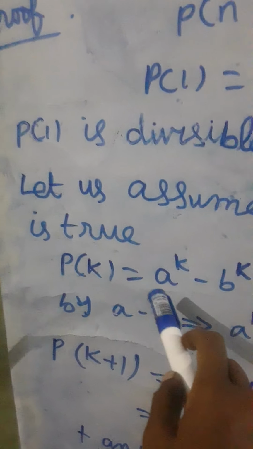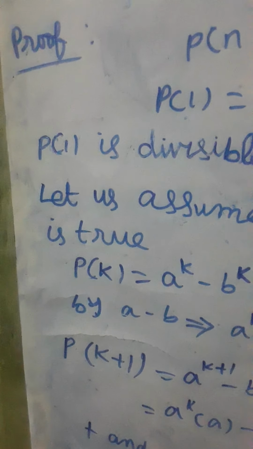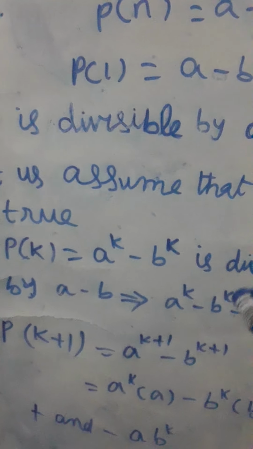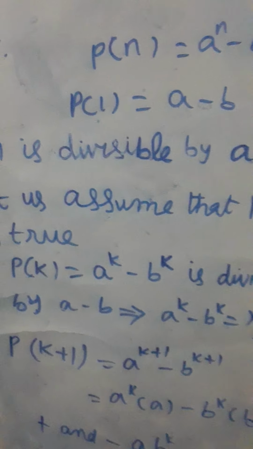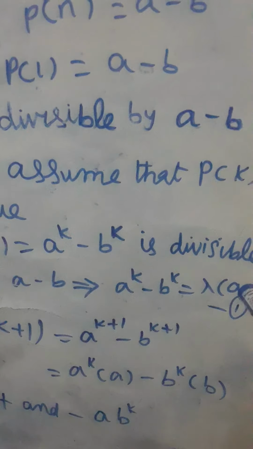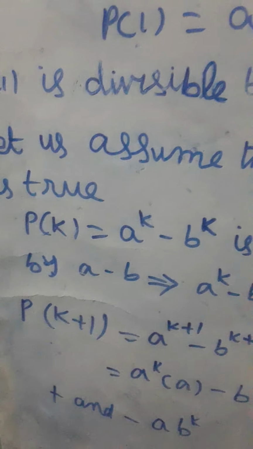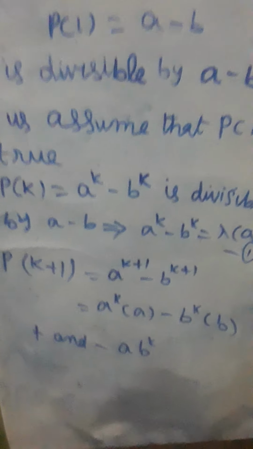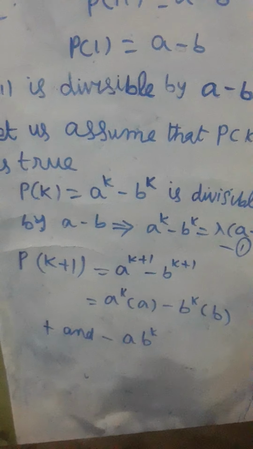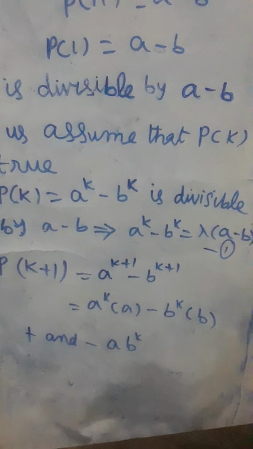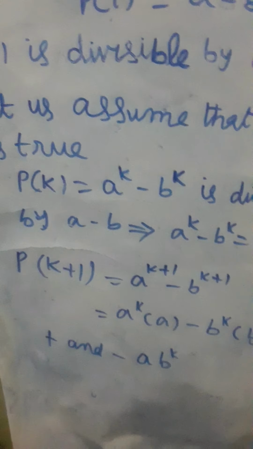Therefore, a power k minus b power k can be written as a multiple of a minus b, that is, lambda into a minus b. Put this statement as 1.